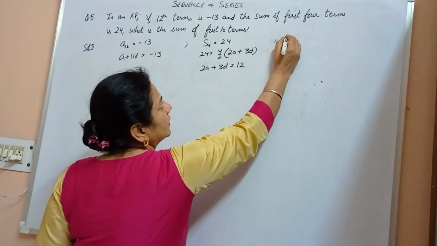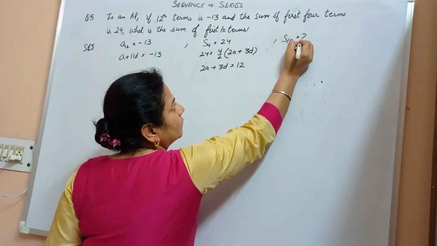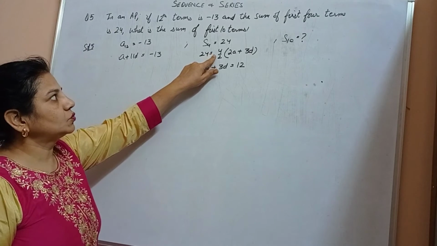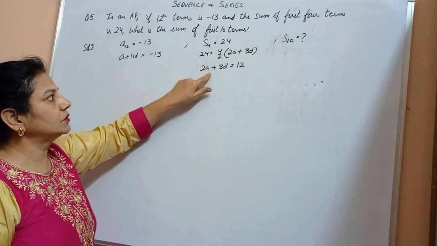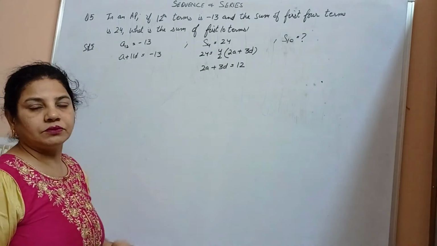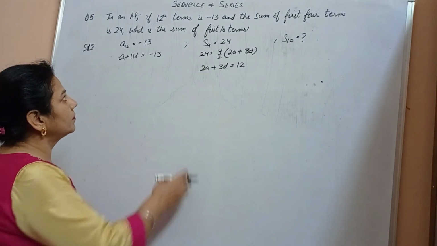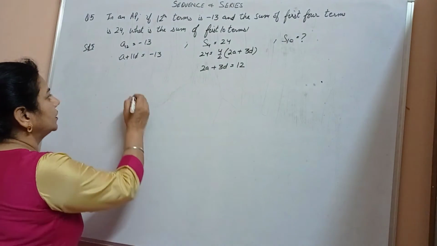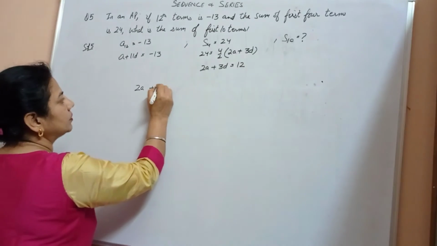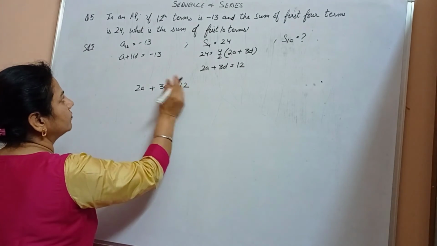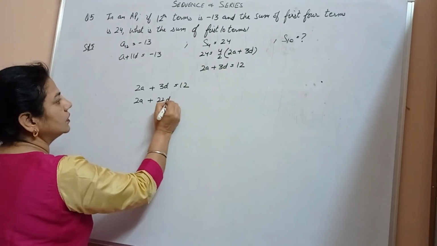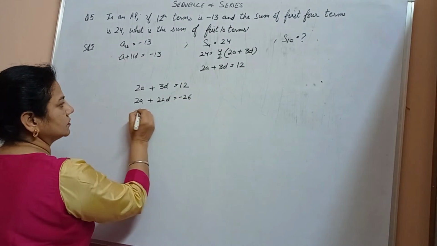I have to calculate the sum of the first 10 terms. 24 divided by 2 is 12. We get 2a plus 3d is equal to 12. Now, by the elimination method, we find a and d. Here we have 2a plus 3d is equal to 12. Multiply the first equation by 2: 2a plus 22d is equal to minus 26.